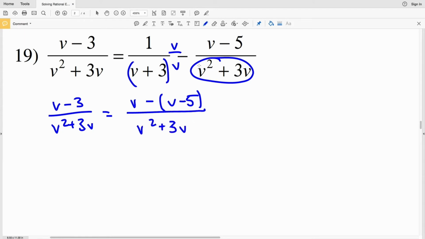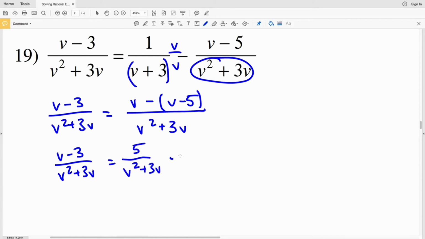Since the denominators are now the same, we were able to combine those numerators. So we'll have v minus 3 over v squared plus 3v, and that's equal to v minus v, which is 0, minus a negative 5, which would be a positive 5. So 5 all over v squared plus 3v.